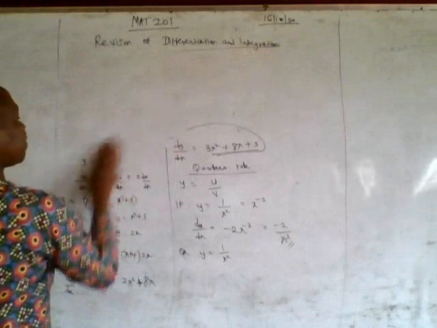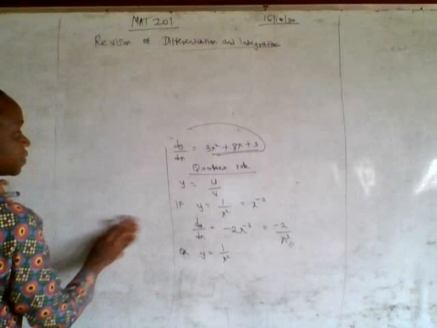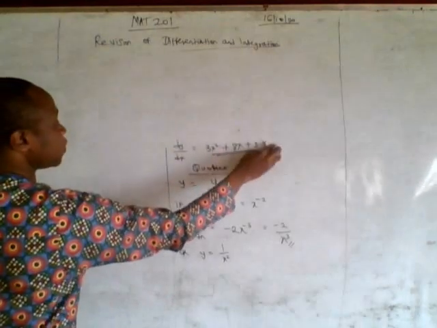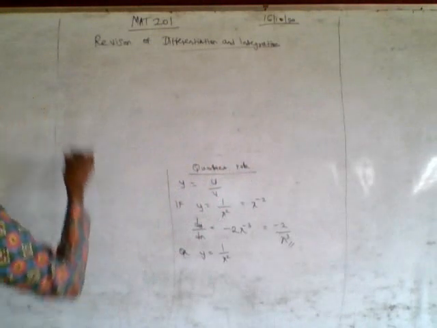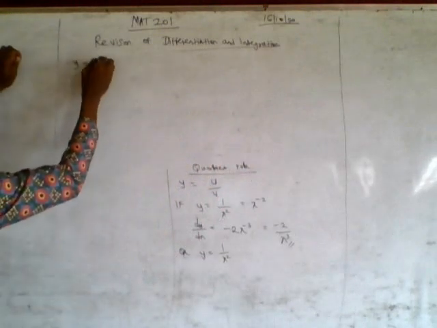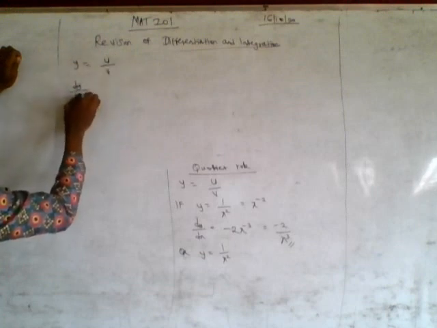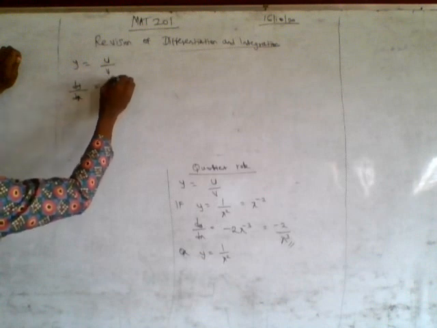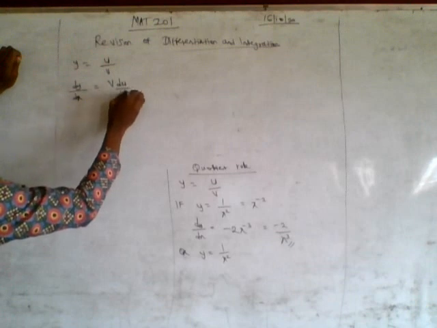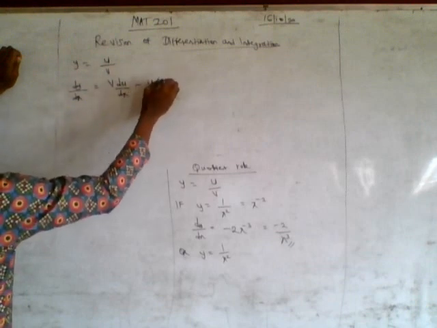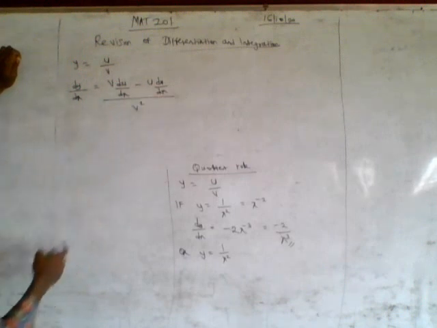If you have a function to differentiate and you discover it involves division of two other functions, then we can use the quotient rule, which states that given y equal to u over v, dy/dx is v du/dx minus u dv/dx, all over v squared.